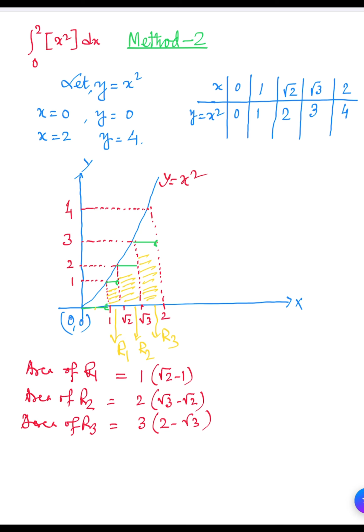The first, this is 0, this is 0. Therefore, integral of 0 to 2 greatest integer of x square dx equals 1 into root 2 minus 1 plus 2 into root 3 minus root 2 plus 3 into 2 minus root 3.